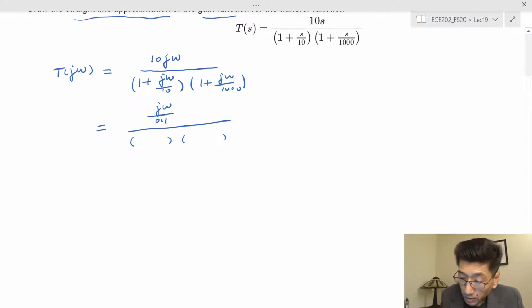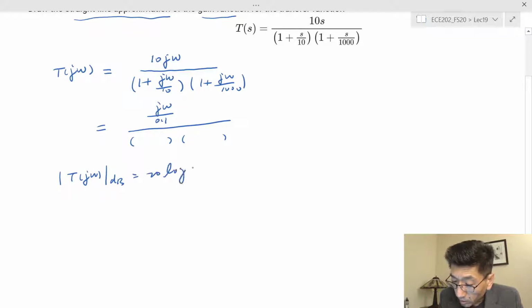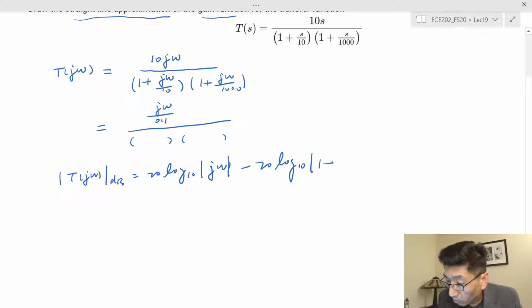Therefore, the gain plot T(jω) is equal to 20 log base 10 of jω, minus 20 log base 10 of 1 plus jω over 10, and minus 20 log base 10 of 1 plus jω over 1000.